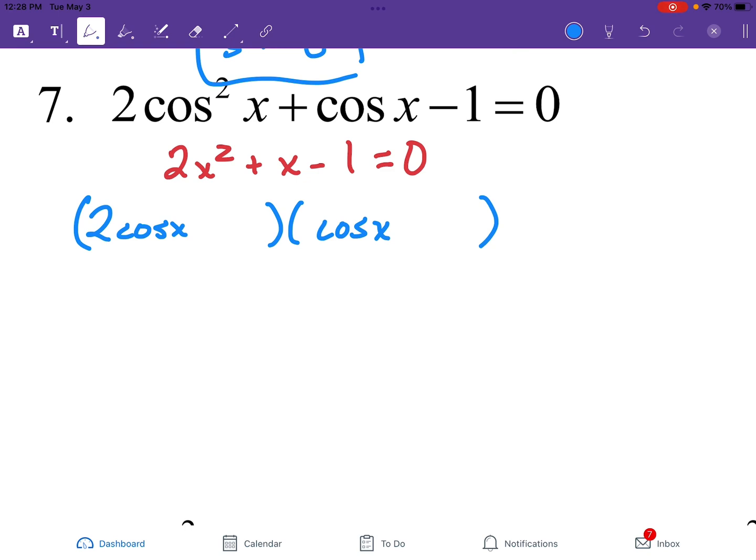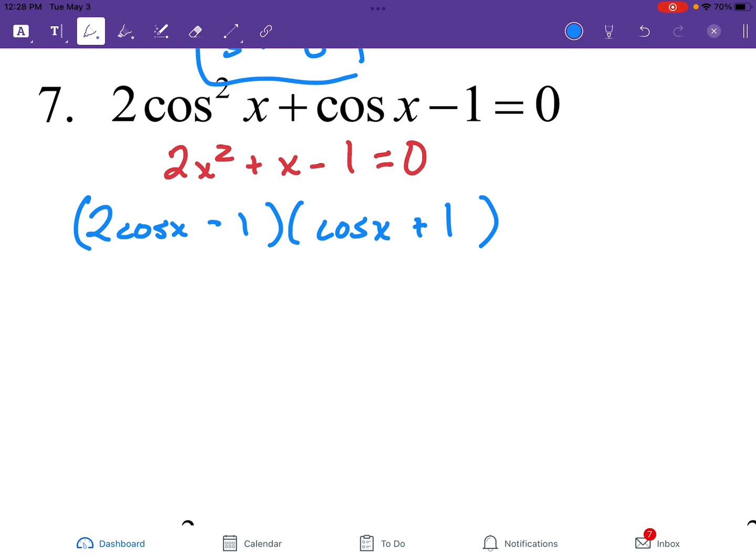The factors of -1, two numbers that multiply to be -1 and add up to be +1, also dealing with the 2, would be 1 here and -1 here. Okay, if we define that middle term, 2 times +1 is 2, and then 2 minus 1 is +1. So we get that term in the middle.